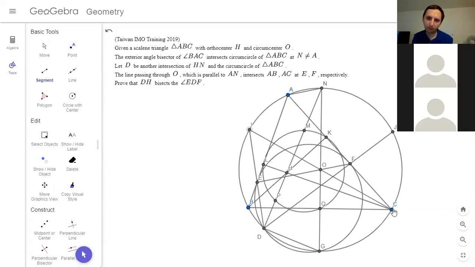Let's see. What would the 3 points be? GC, A.